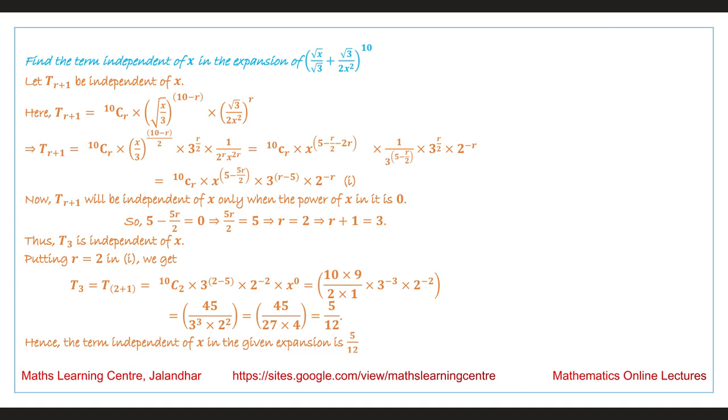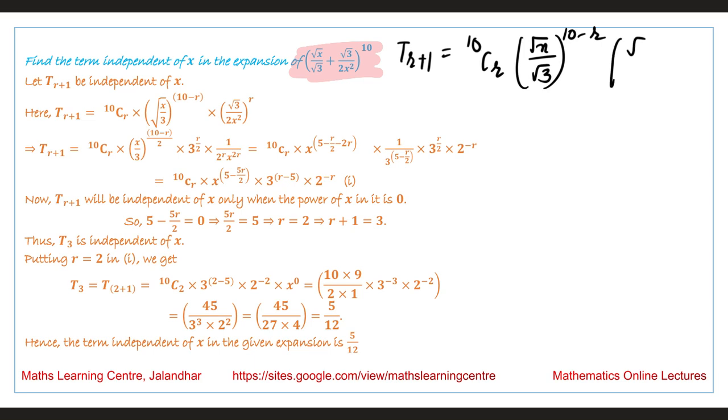Next is find the term independent of x in the expansion of this. So again, if we write the general term over here, it is T r plus 1, that is equal to 10Cr, then square root x by square root 3 raised to the power 10 minus r, then square root 3 by 2x square raised to the power r.